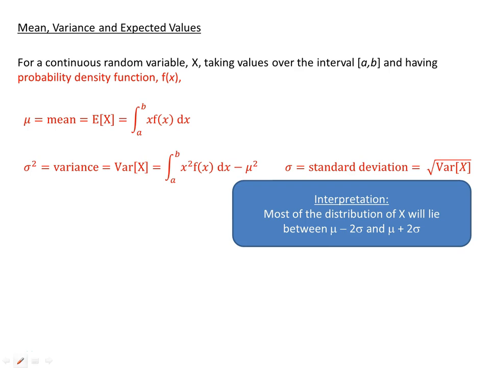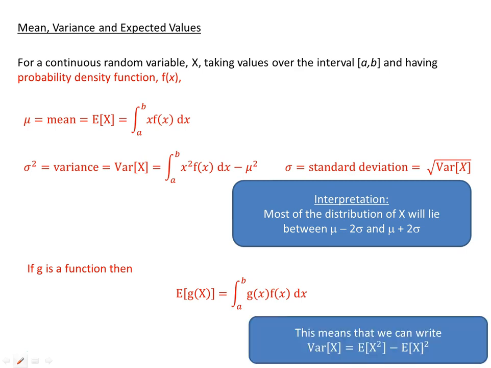The expected value of a function of a random variable can be found, again, using integration. So if we've got a function g and we want to find the expected value of g of the random variable x, then we need to integrate g of x times the probability density function f of x between the appropriate limits.